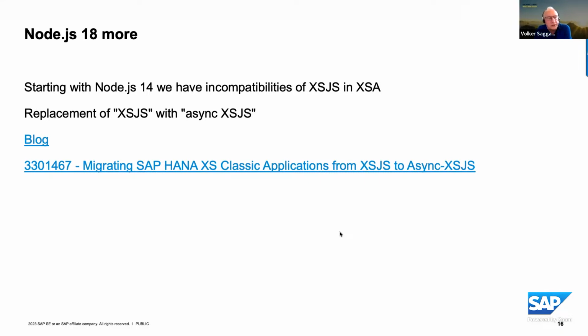You have to go through that. I know it's not nice, but it's depending on the Node version, which we cannot change on that spot. So be aware of this. If you still have XSJS, you have to upgrade. And you have to follow the guidelines. Mainly the Node part is important here. There is more information in the help as well. So look at this if you are still with XSJS code.